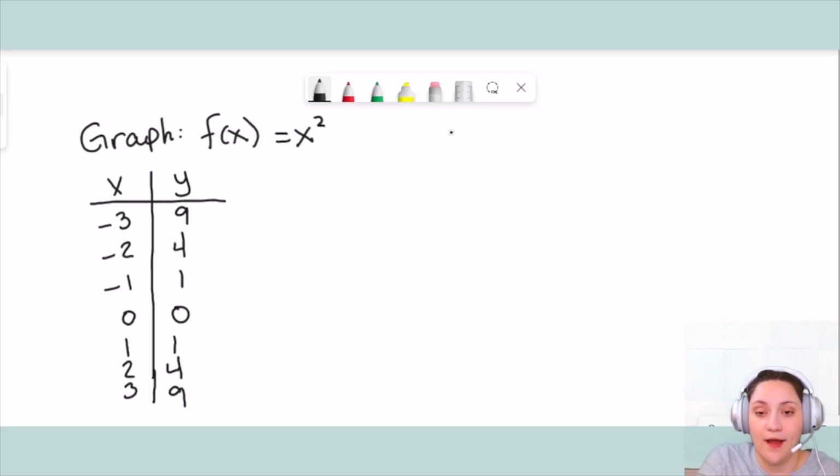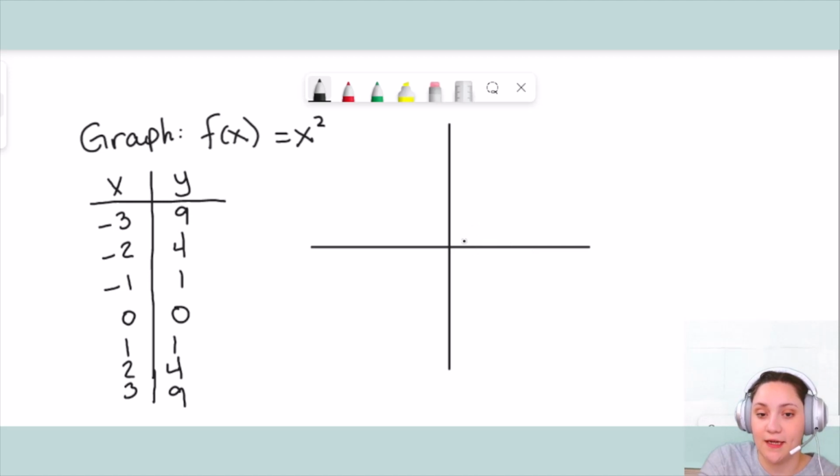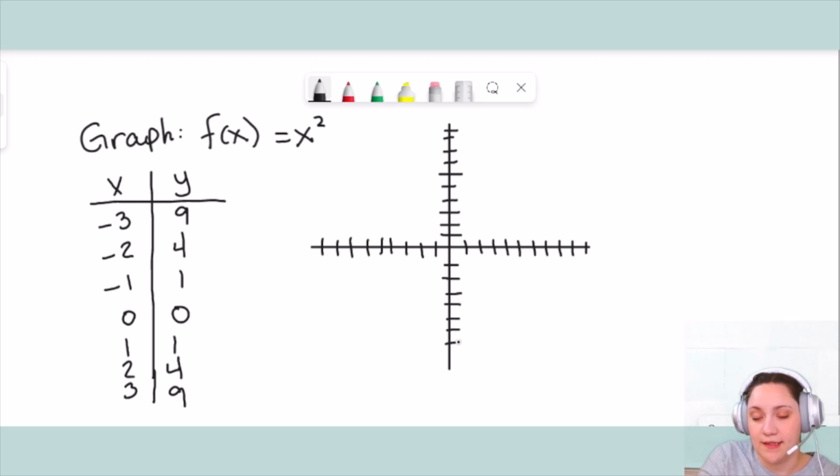So then I can graph this, and rather than graphing it on graph paper, I'm just going to sketch out my axes and make sure I put enough tick marks on here. 1 through 10 in each direction.